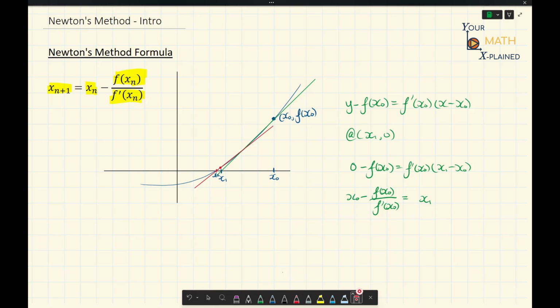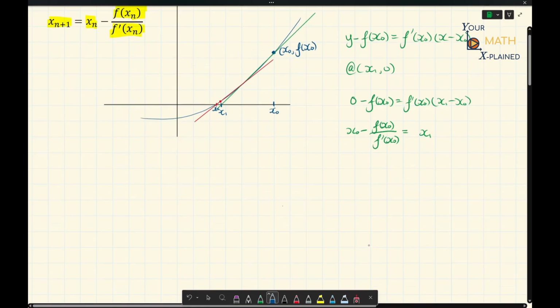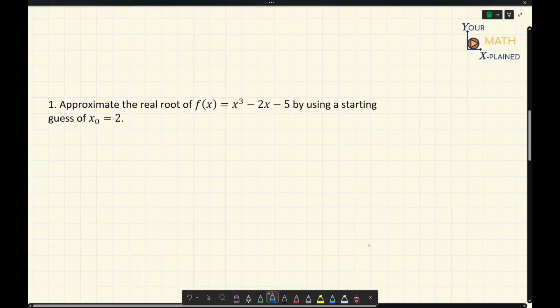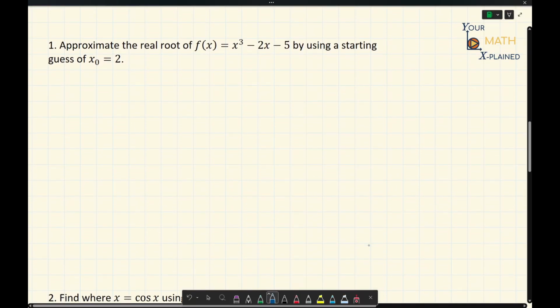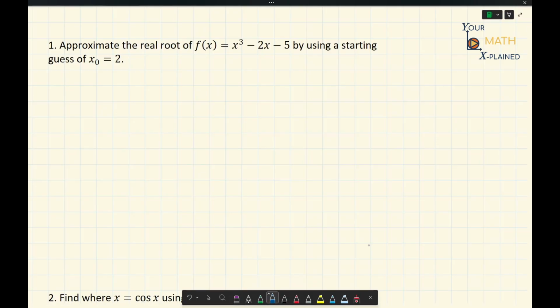Now you will need a calculator to do this, so make sure you have a device with you and follow along. For our first example, we want to approximate the real root of this function here by using a starting guess of x naught equals 2. So using the formula, we would have x1 is equal to x naught minus f of x naught over f prime of x naught. Which means before we can actually evaluate everything, we need to first find what the derivative is.